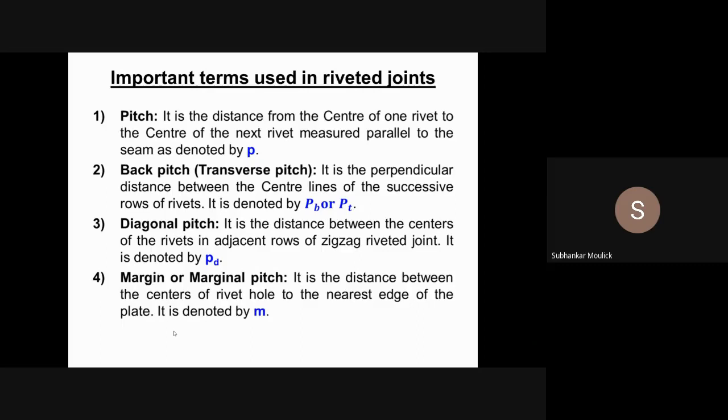Again, I am repeating, what is margin or marginal pitch? It is the distance between the center of the rivet hole to the nearest edge of the plate.